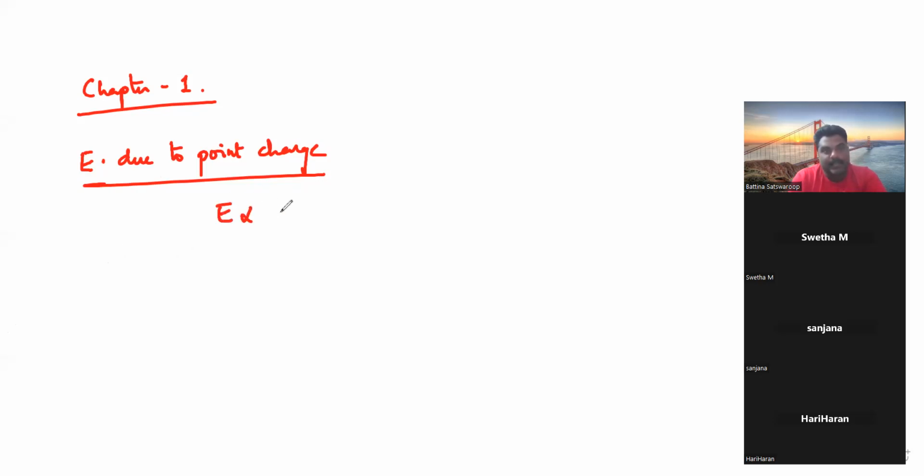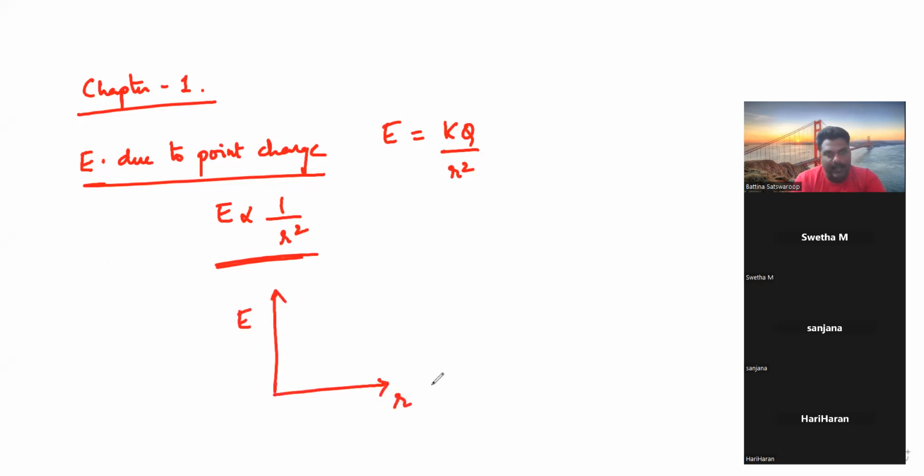E is proportional to 1 by r square, correct? What comes here? E is equal to kq by r square. That means E is inversely proportional to r square. So you are plotting the graph between E and r. Already you know how the 1 by r square graph looks.